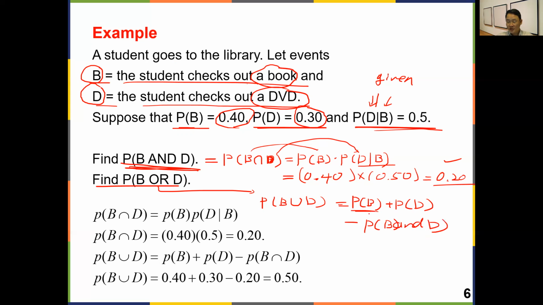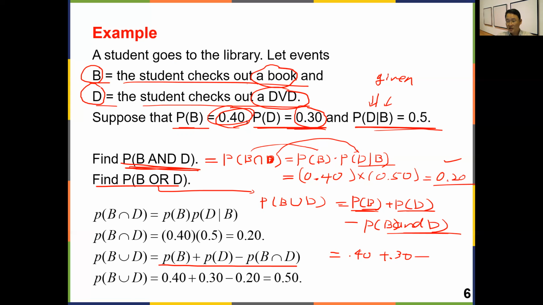Probability of B is right here, 0.40, plus probability of D is right here, 0.30, minus probability of B and D. Where's probability of B and D?